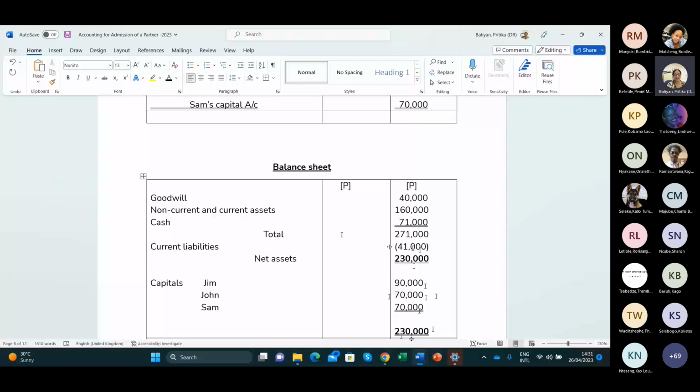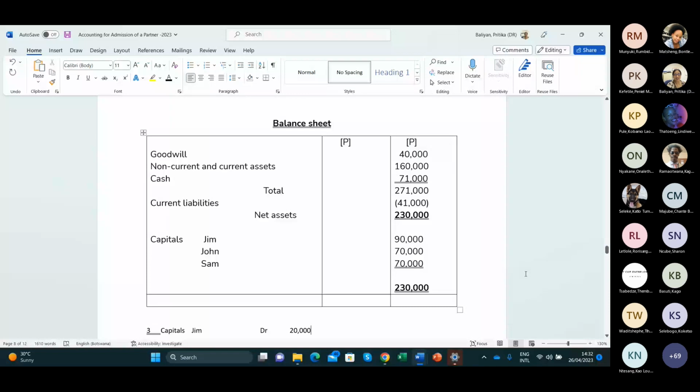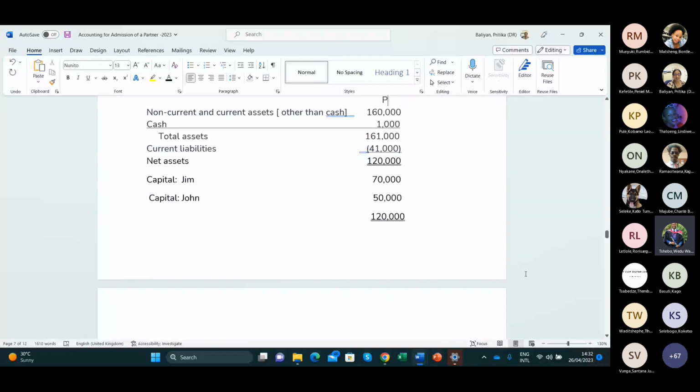Anyone who does not understand this, the balance sheet of the new business? Ma'am, can you please scroll up to the question? Okay. Yeah, here's the question.